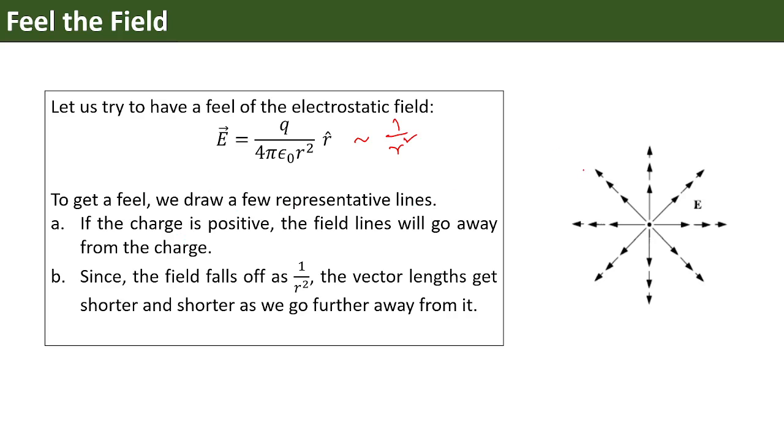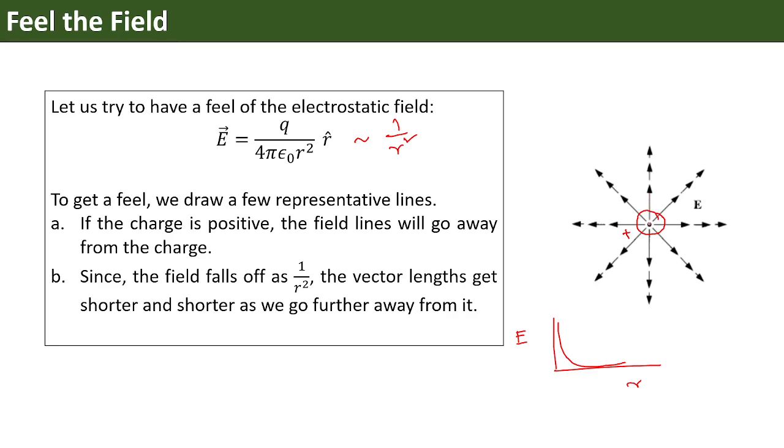Now let's consider that here at the center you keep a charge which is positive because electric fields are going away from it. So if this is a positive charge, then the electric field has to fall off as 1 upon r square. Suppose this is r, this is electric field, so it will fall off like this. So what we have done, we have represented the electric field with some vectors.